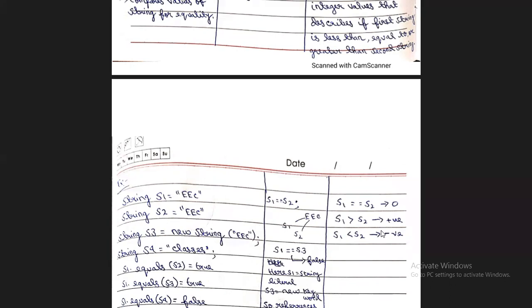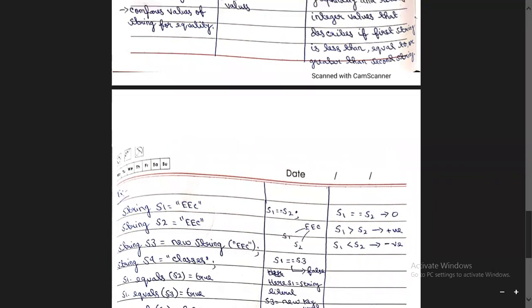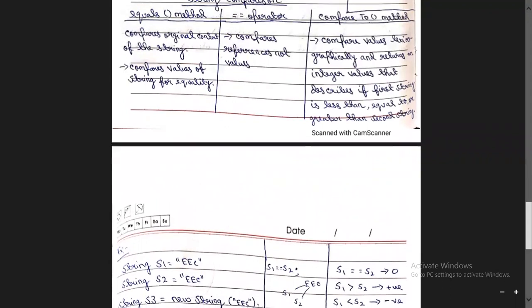And if our first string is less than the second string, then the value returned will be any negative integer value. So mainly we use these three: the first is the equals method, second is the equals operator, and third is the compareTo method.